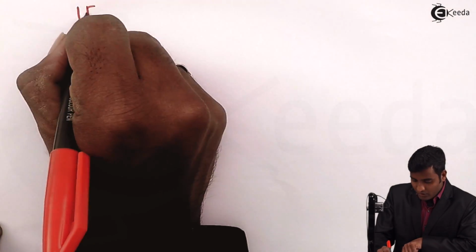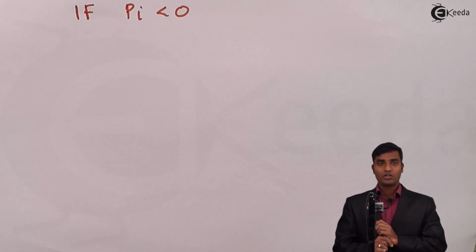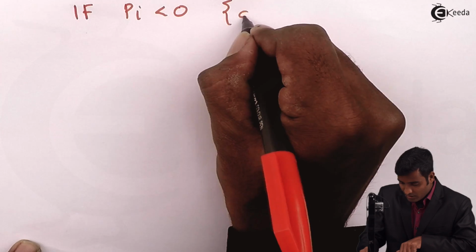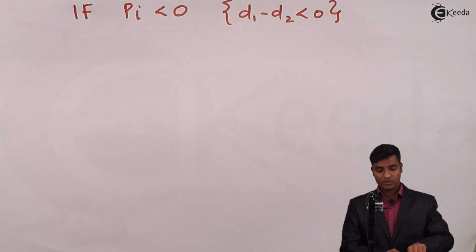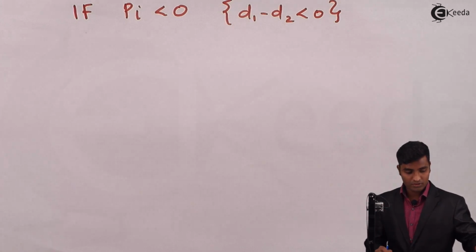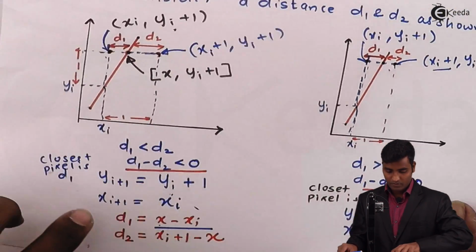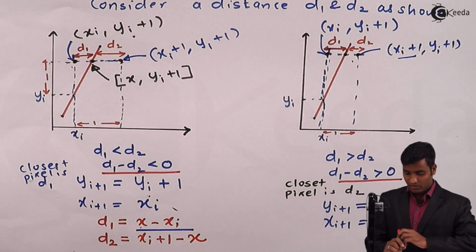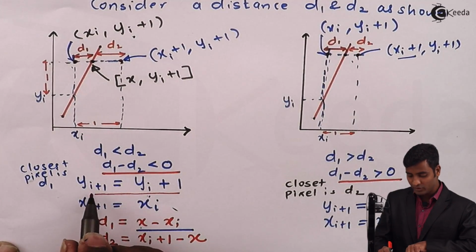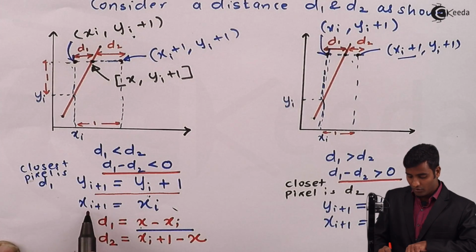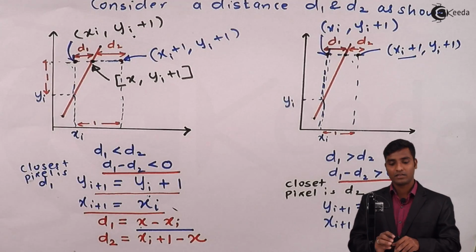So if pi is less than 0, which means that d1 minus d2 is less than 0, in that case we know the I plus 1th pixel for y is yi plus 1 and for the I plus 1th pixel for x is xi.